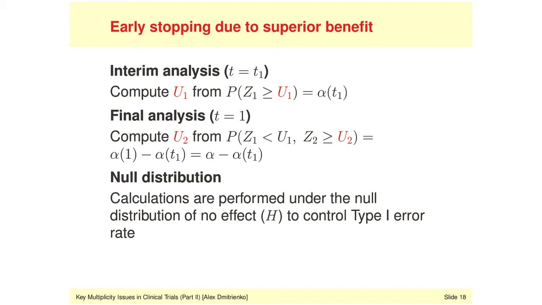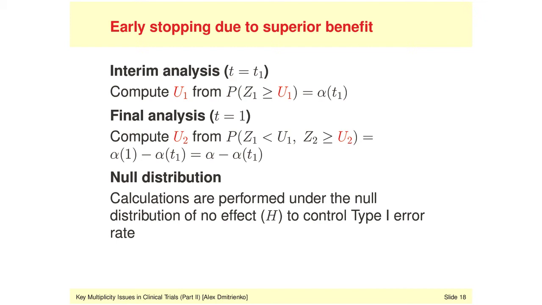And the first equation here shows that U1, which is the adjusted critical value for the interim analysis test statistic, is simply computed under the null distribution as the probability of Z1 exceeding U1. That probability must be equal to the value of the alpha spending function at T1, which essentially tells us how much alpha we can spend by this interim analysis.